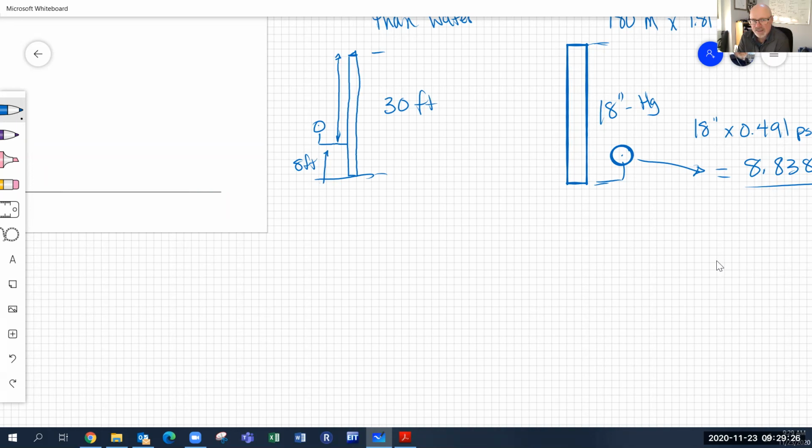And I would say that that height above the gauge is 22 feet. So I will take 22 feet and I will multiply it by 0.433 PSI per foot. And this is water. We're only talking about water right now, no other substance. So that comes out to 9.5 PSI or pretty close to that.